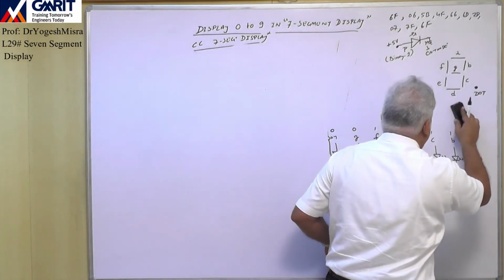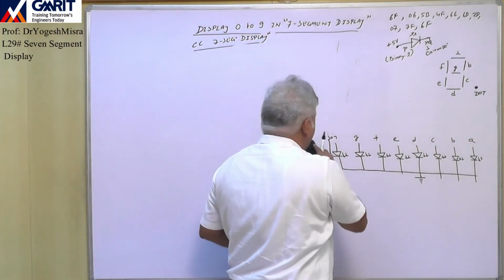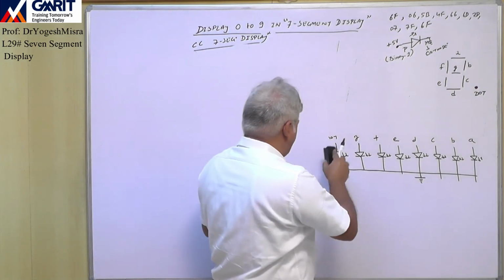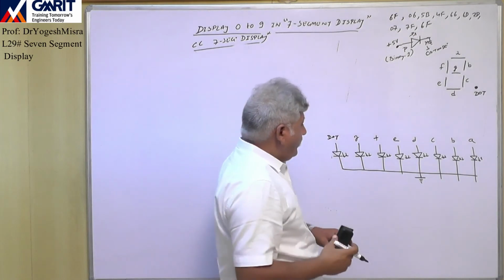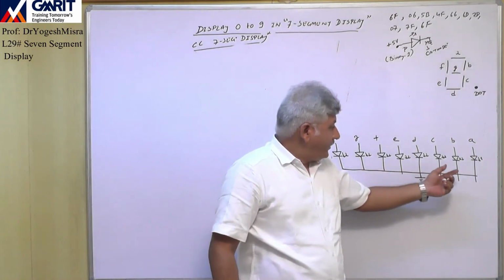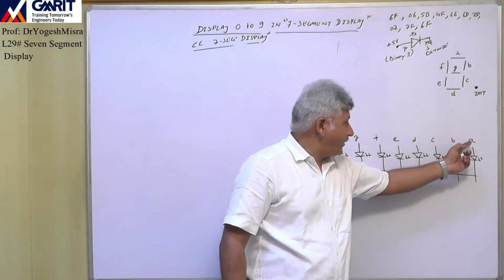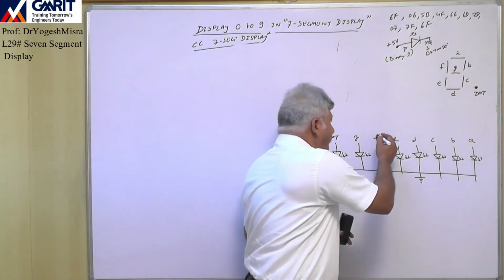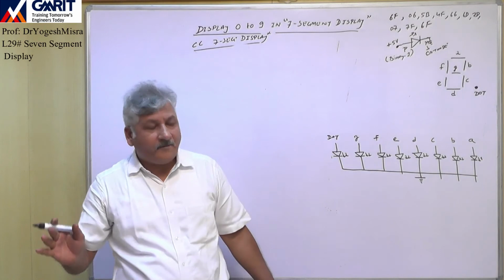So now what we will do, we will connect these 8 segments basically, A, B, C, D, E, F, G and dot with our 8 pins of port 1.